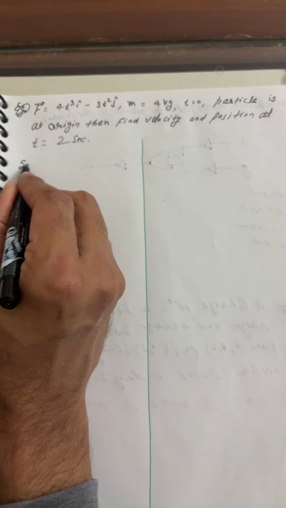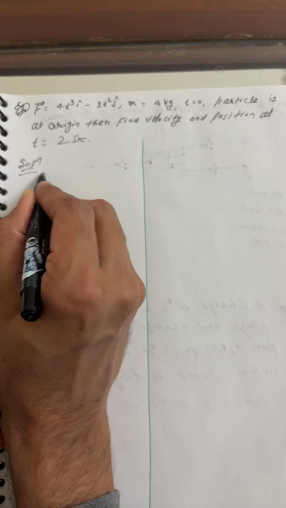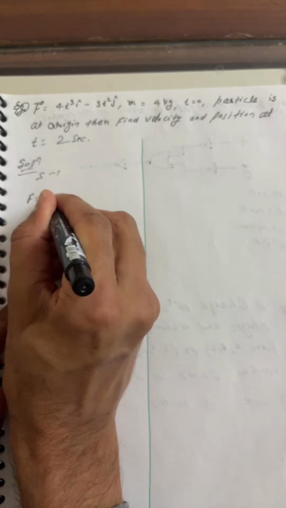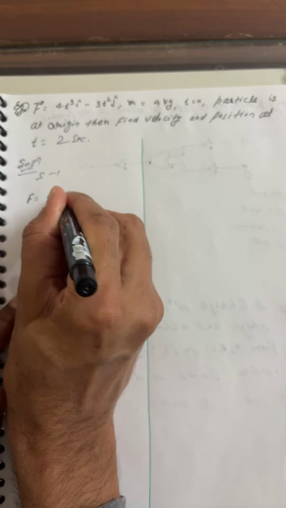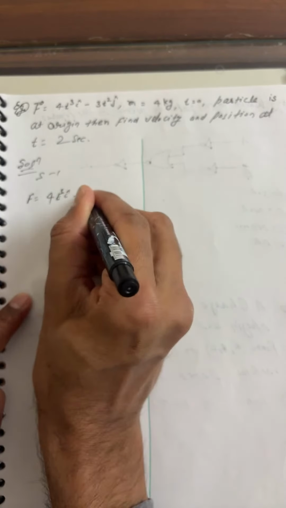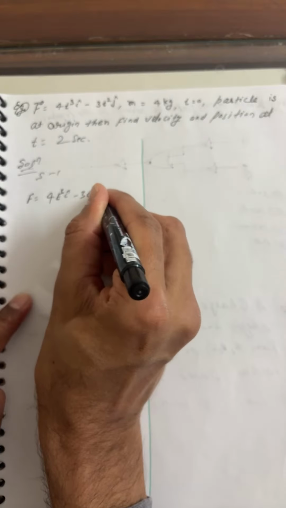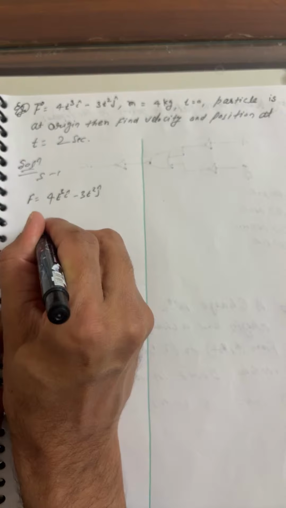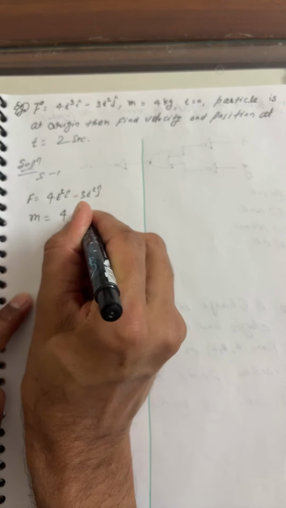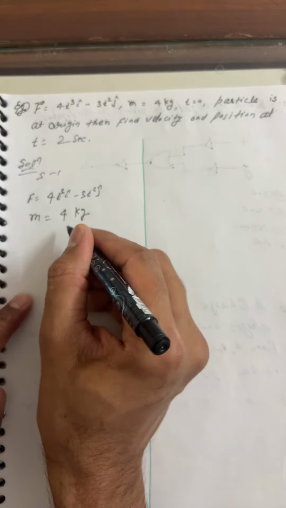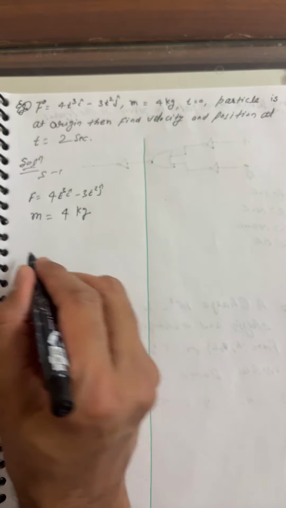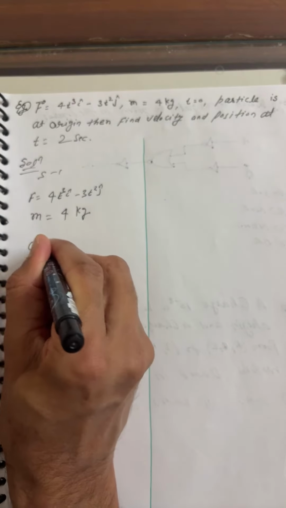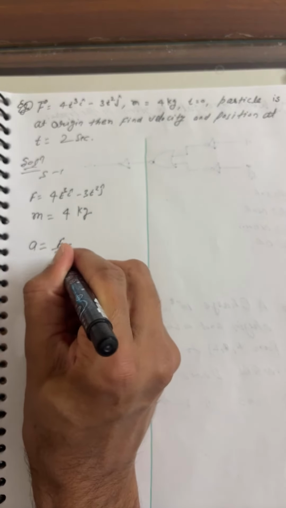This is the solution, step 1. First, write the given data: force is 4 T cube I cap minus 3 T square J cap, and mass is 4 kilogram. Students, I'm going to use the formula of acceleration, which is force per unit mass.